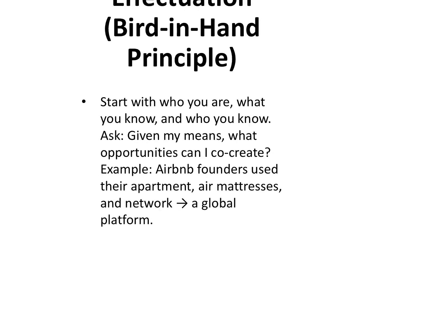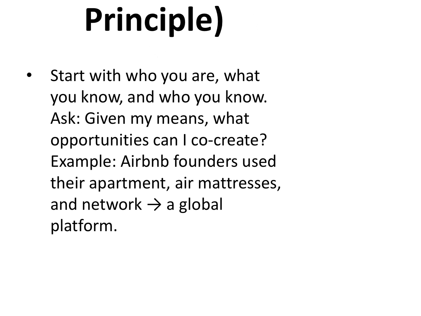The Airbnb founders used their apartment, air mattresses, and network to create a global platform that's now worth billions. So they had an apartment that was within their means, and then they transformed that into this profitable business which scaled beyond their wildest dreams.